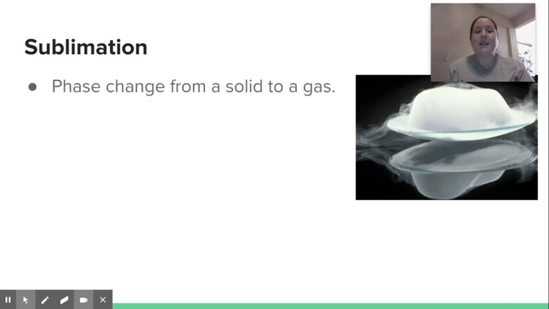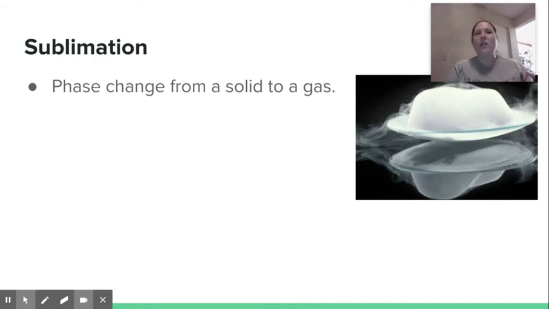Sublimation is the phase change from a solid to a gas. Again, I want to stress here that you're skipping the liquid phase completely. It's just going straight from a solid to a gas. The most common example of this that I can think of is dry ice. If you buy Jenny's ice cream, one time it was on sale and they were doing one of their pint sales, and what you notice is all of their pints of ice cream are shipped in dry ice.